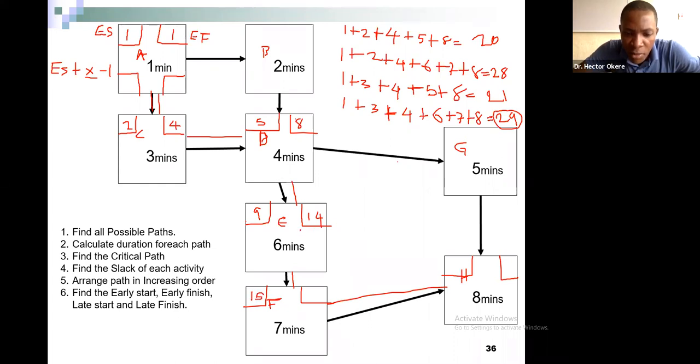Next, 15 plus 7, 22, minus 1, 21. Next, 21 plus 1, 22. 22 plus 8, 30. 30 minus 1, 29. See, the critical path is 29 days.